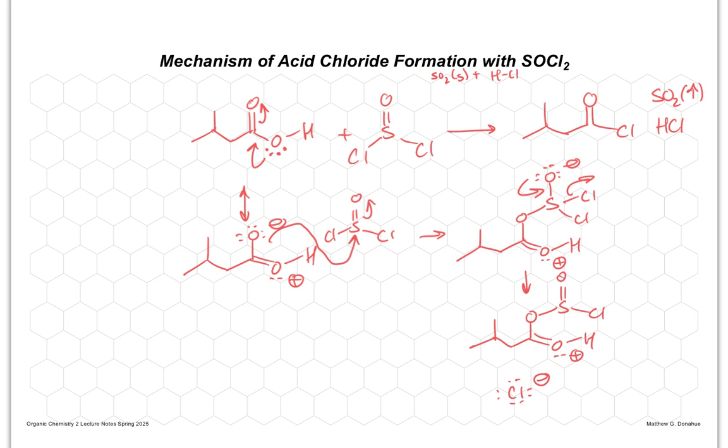So really what we're doing is we're transforming an oxygen to make it a good leaving group. So we'll have the chlorine attack the pi bond.